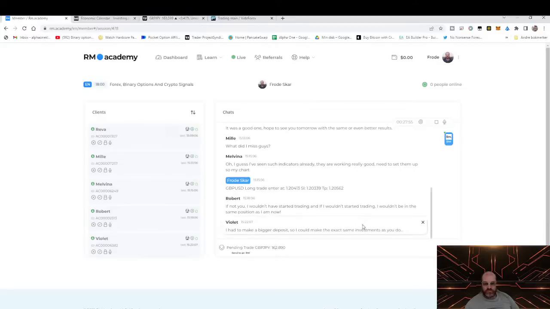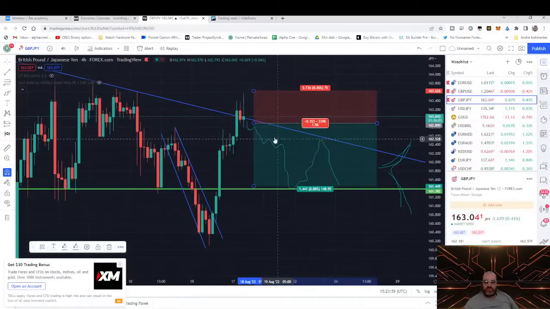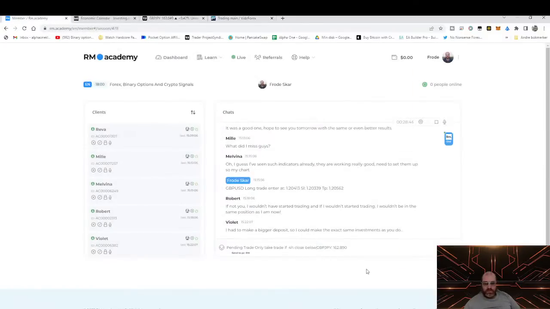I need to add some info. Only take trade if four-hour close below, let's see, in that case 162.973, 162.972.